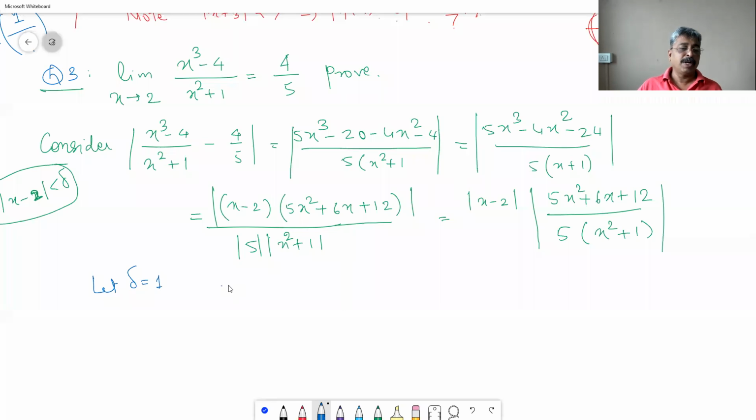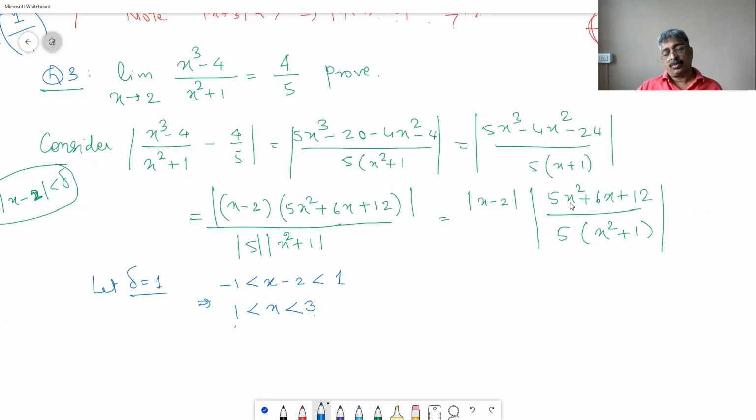Then minus 1 less than x minus 2 less than 1, which implies 1 less than x less than 3, correct? So the minimum value of x is 1, the maximum value of x is 3 if delta is equal to 1.